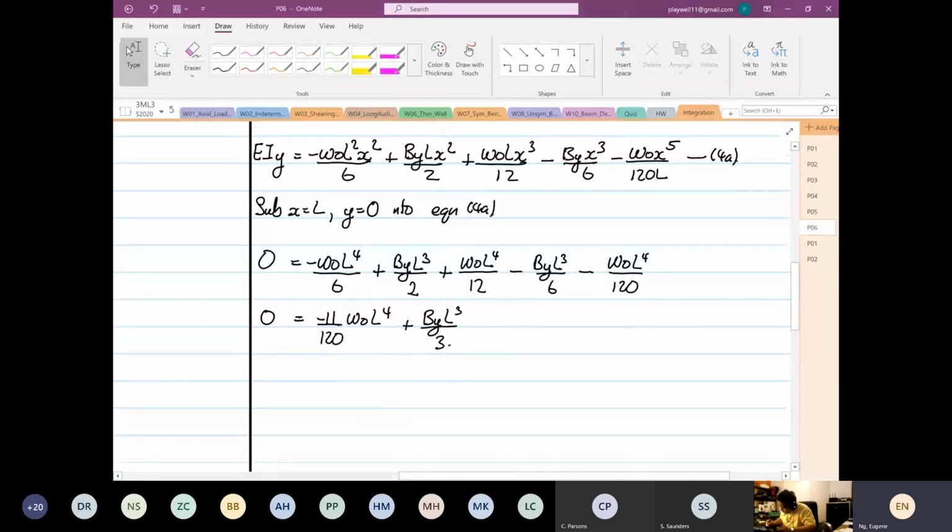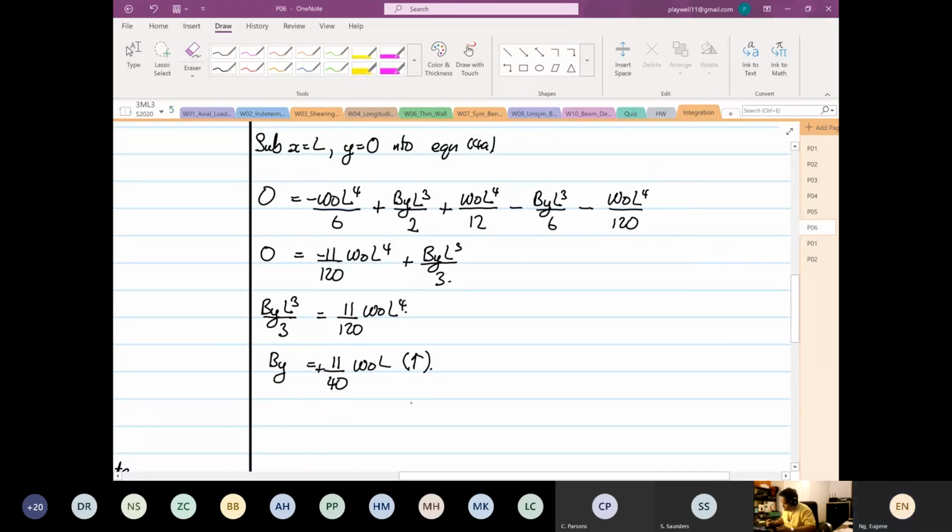So By L cubed over 3 is equal to 11 over 120 omega naught L to the power 4. So By is equal to 11 over 40 omega naught L. The positive means the reaction force is going upwards.